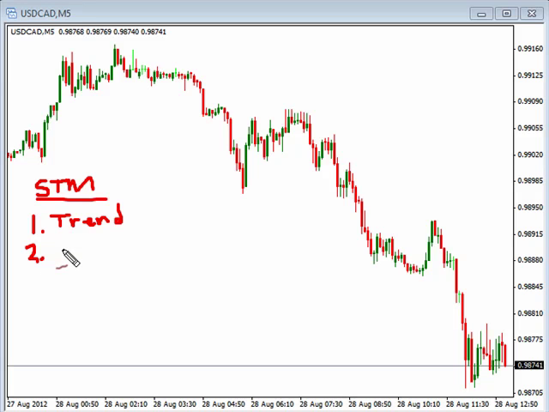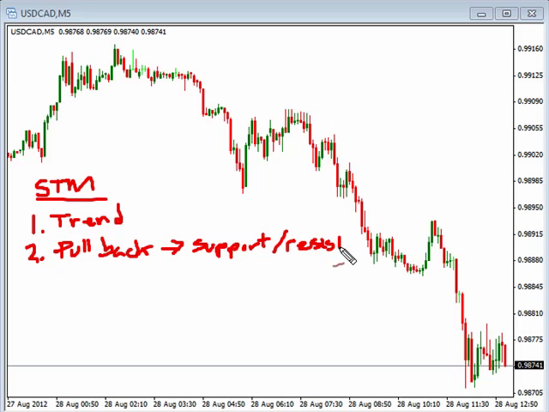Secondly, we're going to look at the pullbacks to either support or resistance, so that we can look at getting in at a good time.